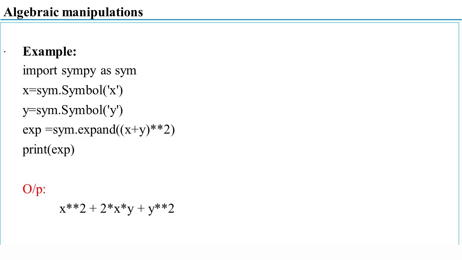An example has been given. The expression to be expanded is x plus y the whole square. We know the formula for x plus y the whole square is x square plus 2xy plus y square. So when I ask to expand, it expands and gives the result.